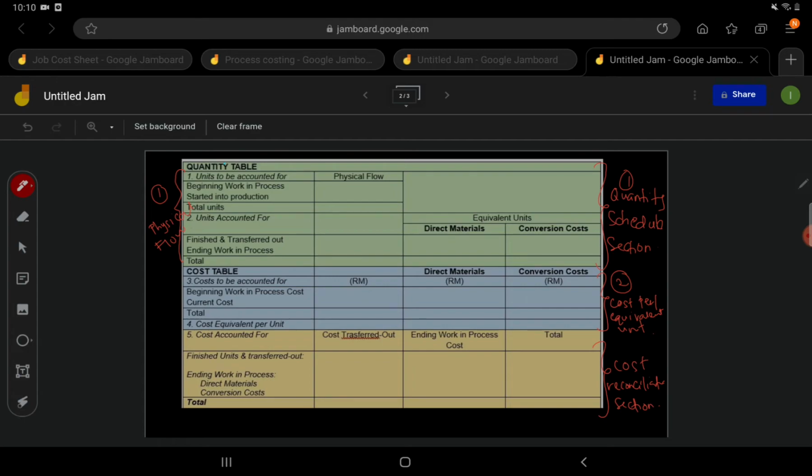And then this section also shows the equivalent units for material and conversion cost. This is the second step.